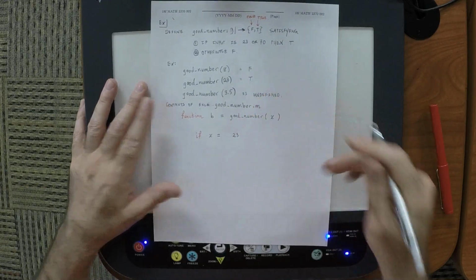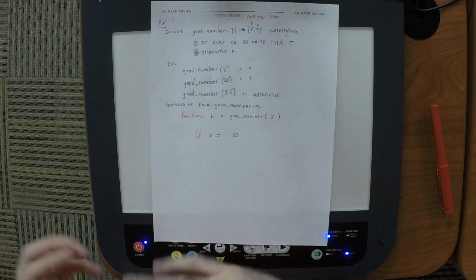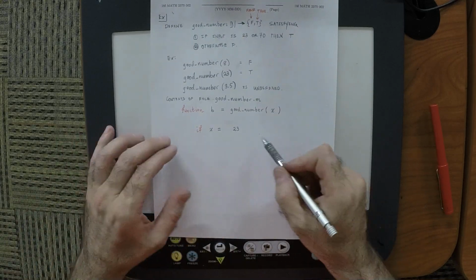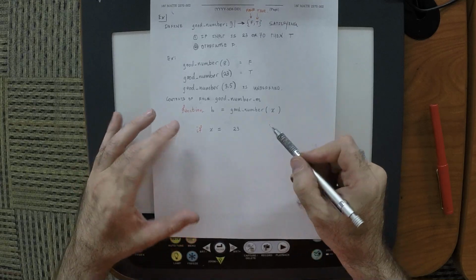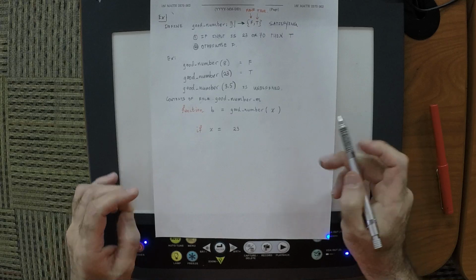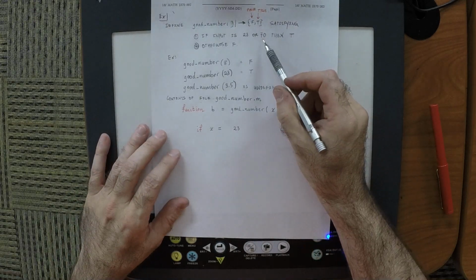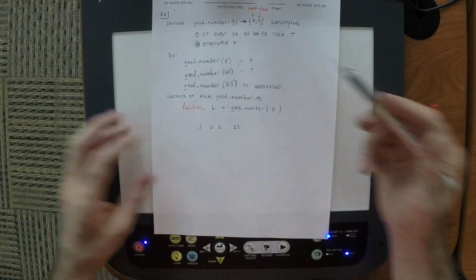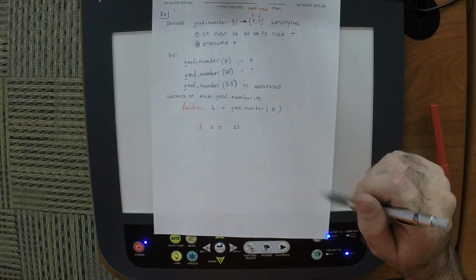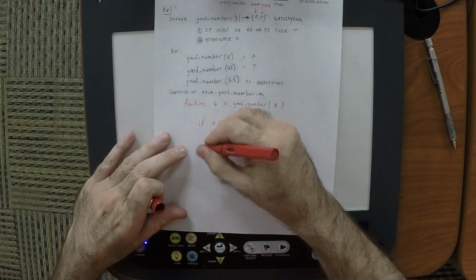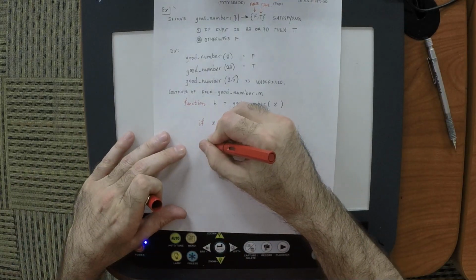And for those of you paying close attention, yes, there's some kind of problem here, but I'm not talking about it yet. So if x is 23, then we want to do something. Another possibility is that maybe it could be 70. One way to do it is with those vertical bars that we talked about last time. But another way is to do it like this. You could say else if.